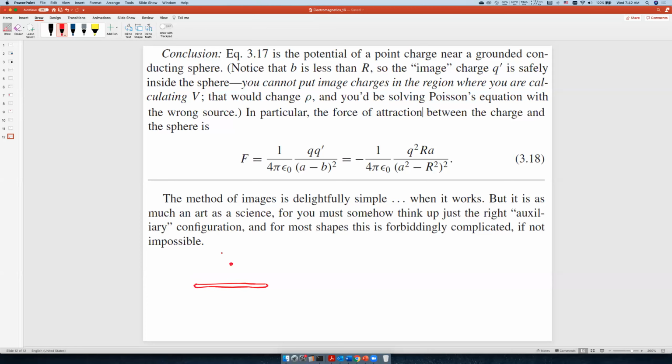But in this chapter, we'll have some problems for you to solve which can be considered in this situation. You can use a simple image charge or a set of image charges, which can simplify the problem significantly.